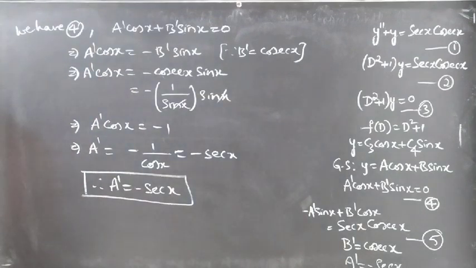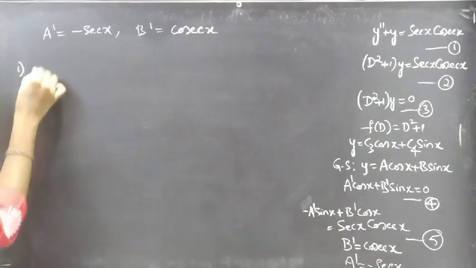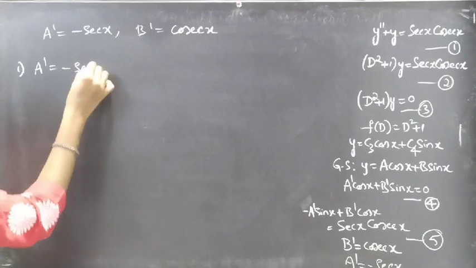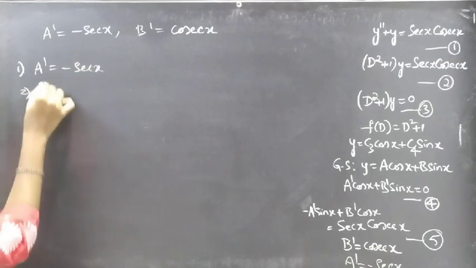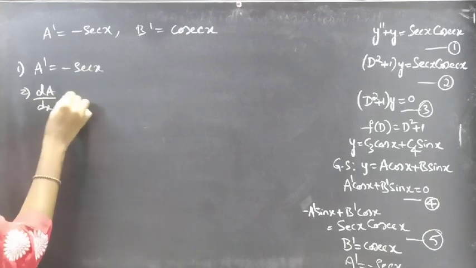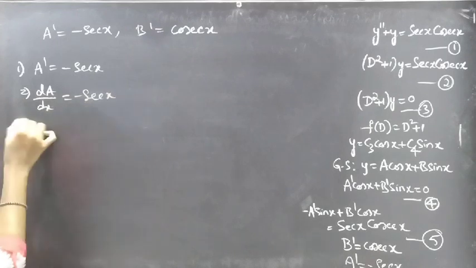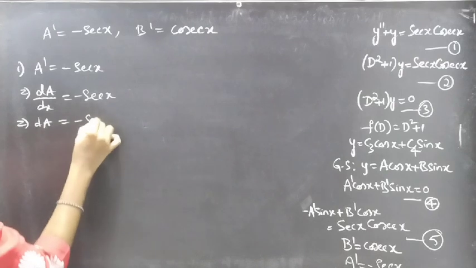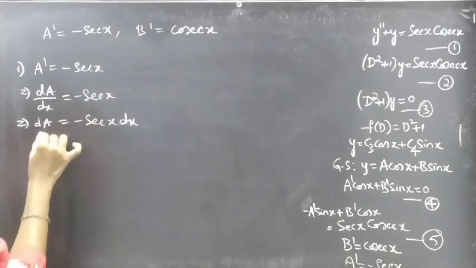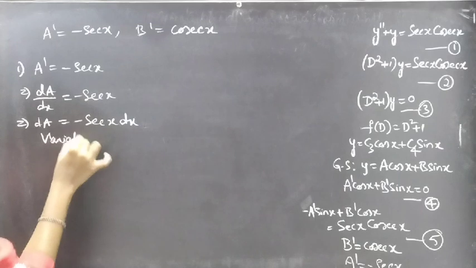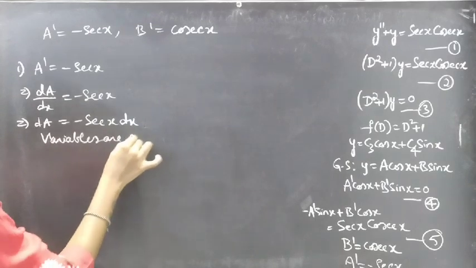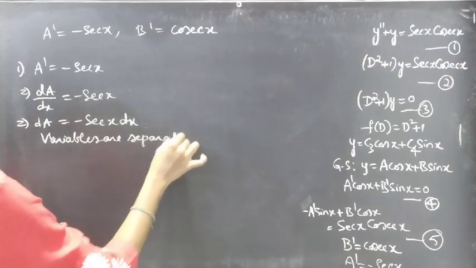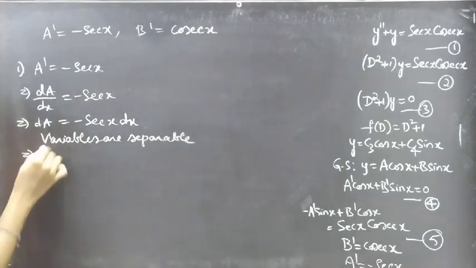Right? Now we got a dash and b dash. Let's find a, b. We have a dash equals to minus secant x, right? A dash is nothing but derivative of a with respect to x. Let's now separate the variables by taking differential dx to RHS. We'll get dA equal to minus secant x dx, right? Here the variables are separable. So we can perform integration.